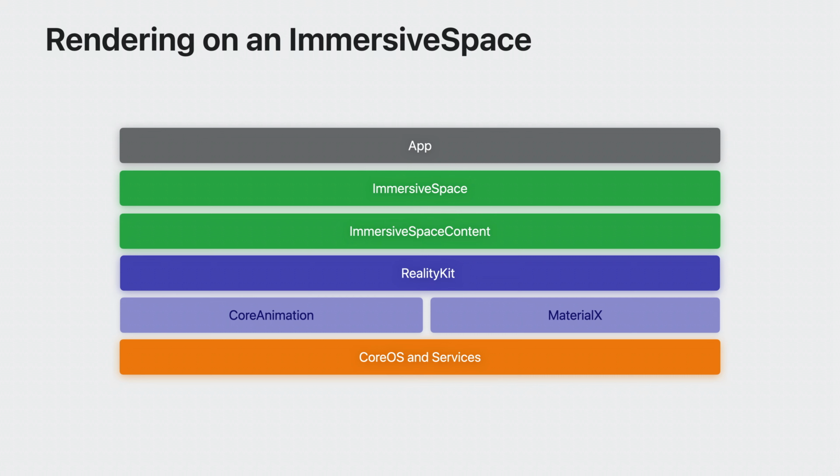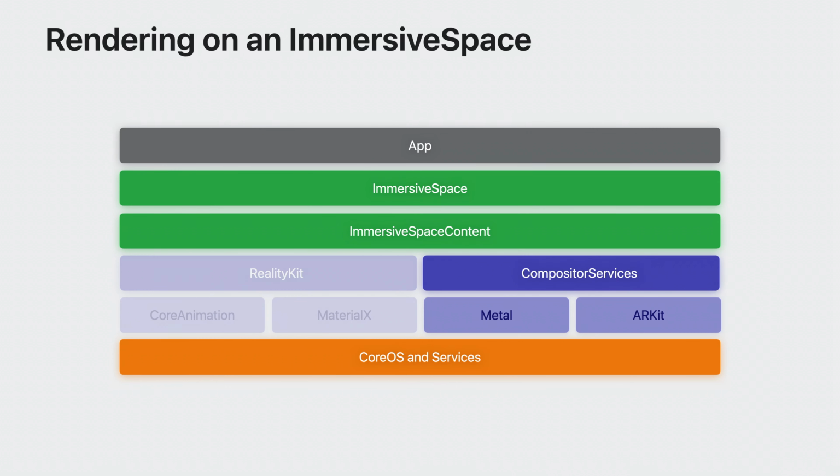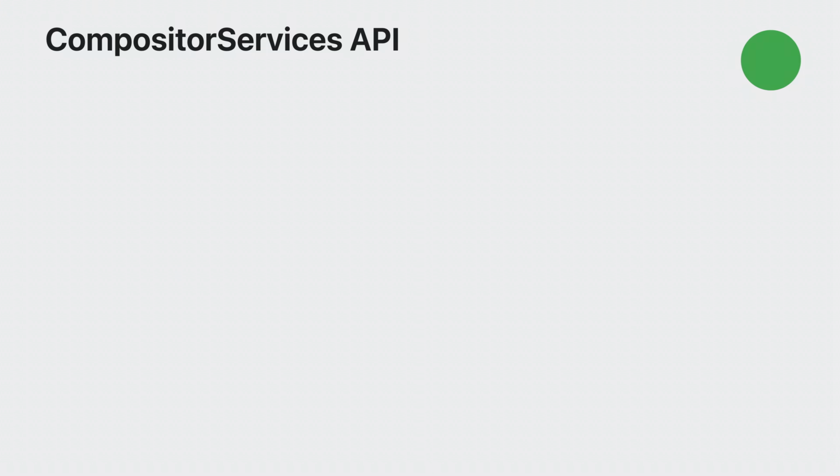But if instead you'd like to use the power of Metal to render the content of your application, you've got another option. The Compositor Services API uses Metal and ARKit to provide immersive rendering capabilities to your application. The new Compositor Services API, introduced in visionOS, provides a Metal rendering interface to be able to render the contents of an immersive space.